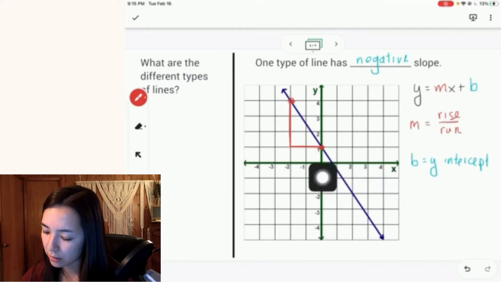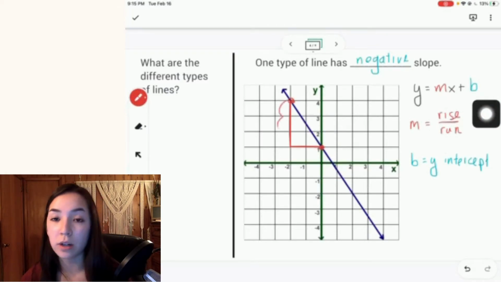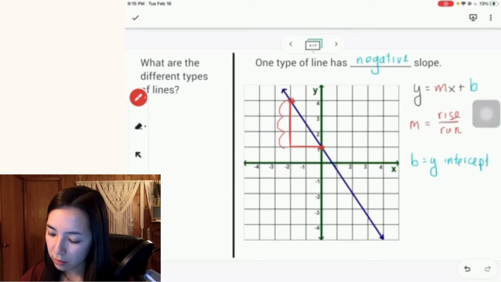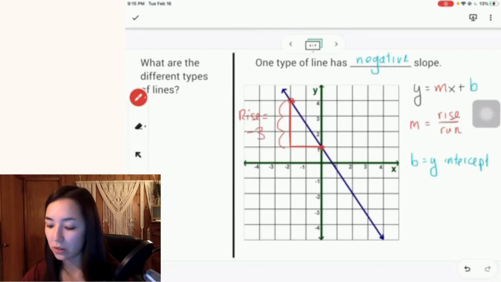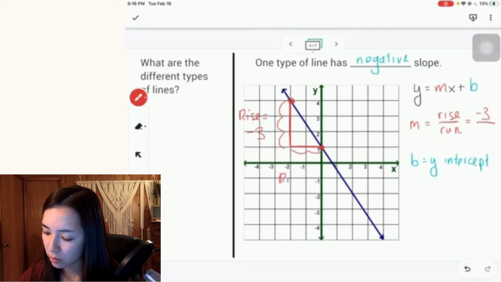So that means each space is worth 1. So our rise, we went down 3. So our rise is negative 3. Our run is over 2. So our run equals 2.